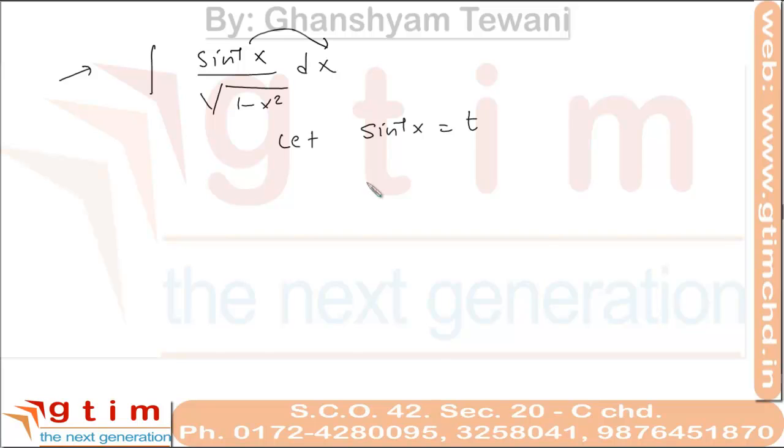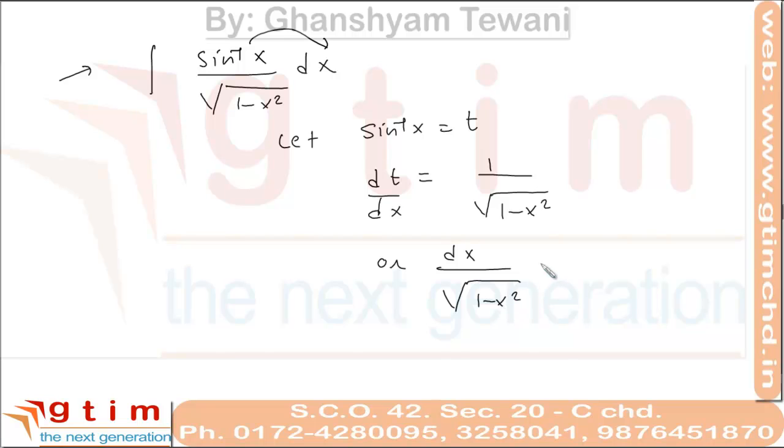Then dt by dx is equal to 1 upon square root of 1 minus x square, or dx upon square root of 1 minus x square is equal to dt.